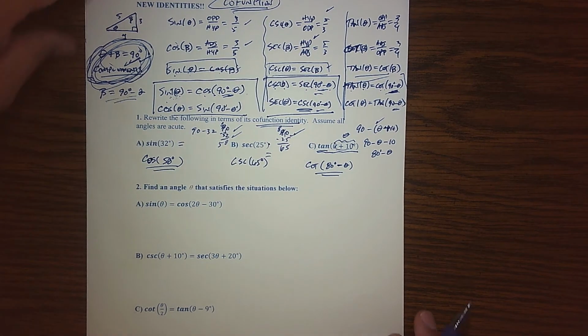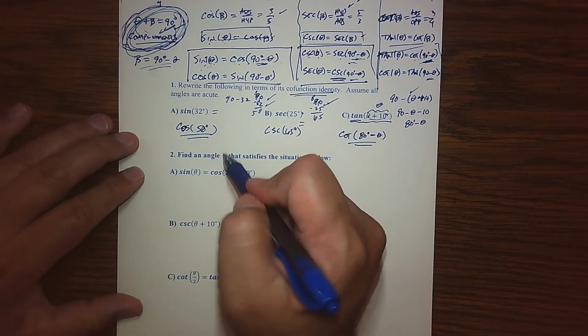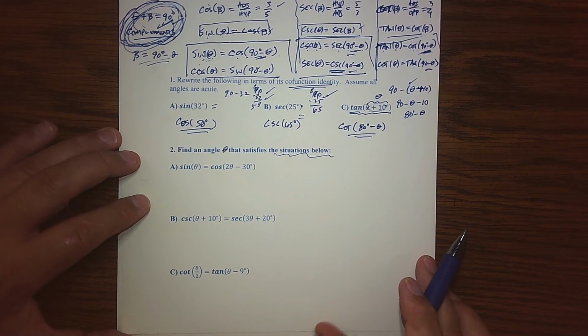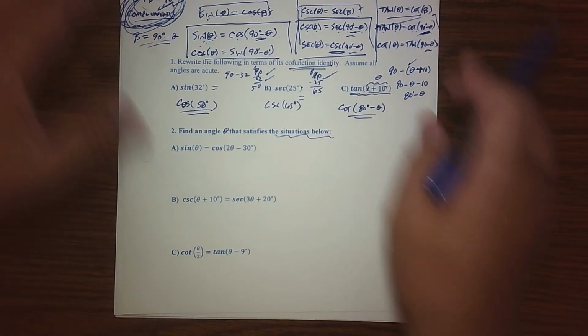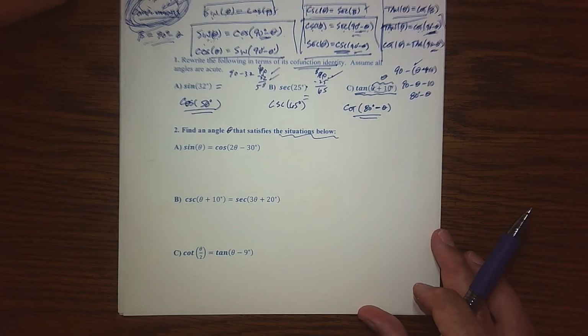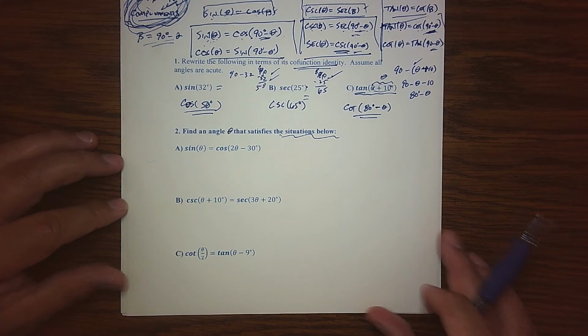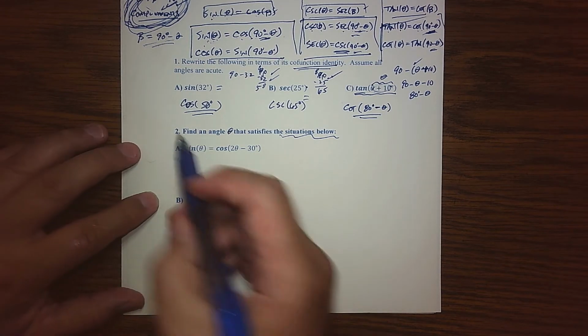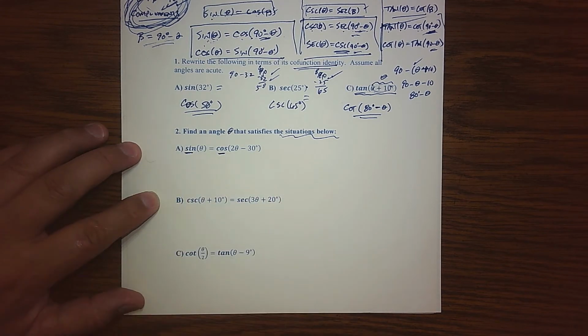Alrighty, so for the next gambit, we actually have to find an angle theta that satisfies the situations below. The first thing we notice is that we're talking about things being equal, and this opens up a whole Pandora's box of things. We'll take a close look at it in some situations, but for now, what do we know about sine and cosine?